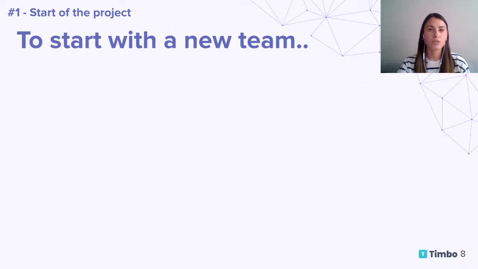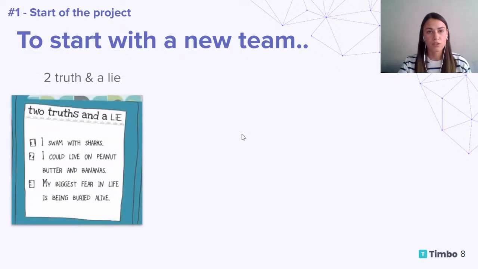So how would you start your first retro? Remember, you want to build a team and you want everyone to know each other better. So I will show you three techniques. They are all great. The first one is two truths and a lie.